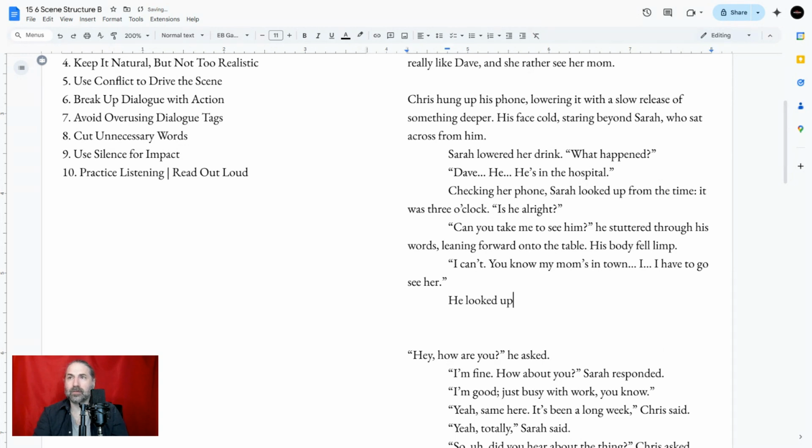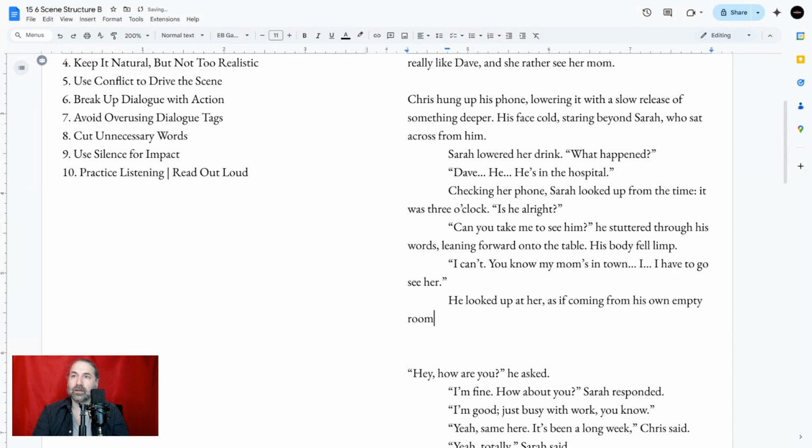Okay. He looked up at her as if coming from his own empty room, awakening to her entering. Okay. He looked up at her as if she entered his room. No. As if coming from his own empty room, awakening to her entering.